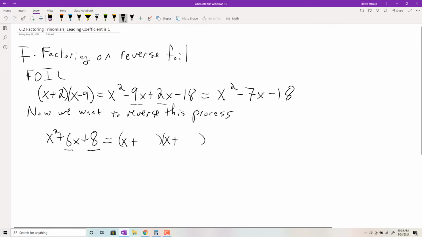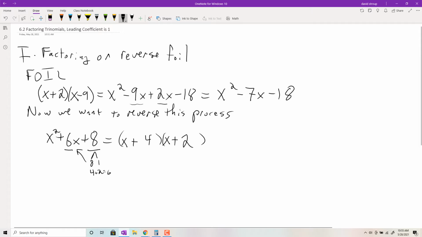This is going to be a trial and error thing, and it's not as easy as FOILing. If you think about 8 and factor it, it's 8 and 1, but 8 plus 1 is 9, so it's not going to give you 6. 4 and 2: 4 times 2 is 8, and 4 plus 2 is 6, so those will work. So your factorization is x plus 4, x plus 2.